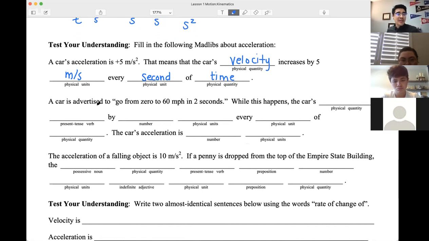A car is advertised to go from 0 to 60 in 2 seconds. When this happens, the car is blank. Ooh, this one's interesting. Now we're talking about a car. What about the car changes?